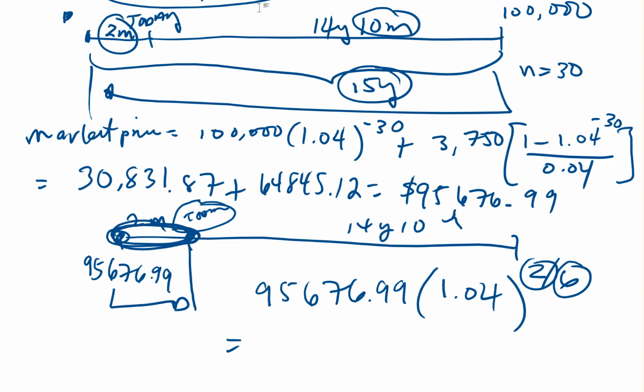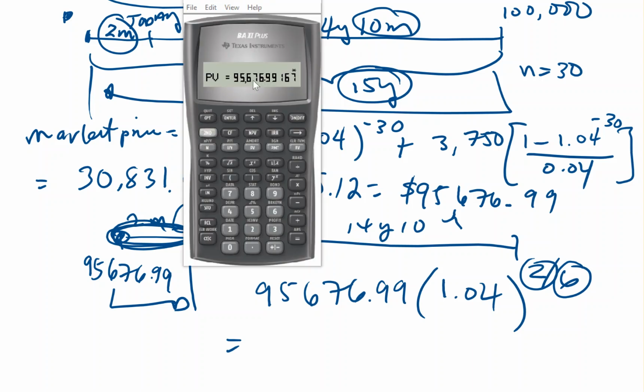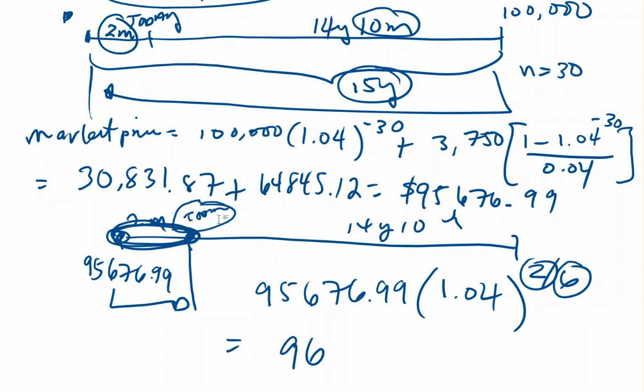So let's bring the calculator up again. I have 95,676.99 times 1.04 exponent bracket 2 divided by 6, close the bracket, equals, and the final answer is 96,936.04.